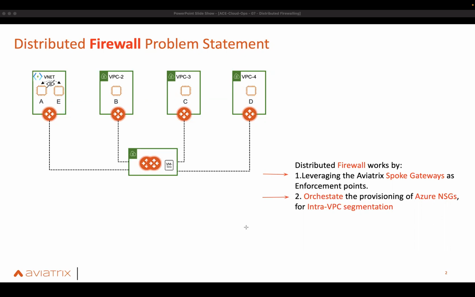All you need to think about is writing the policy, and the system is intelligent enough to extend the distributed firewall not only to our gateways, but also to automate the provisioning of the CSP security groups, as well as network security groups for intra VPC or VNet segmentation. So this is what distributed firewall is all about.